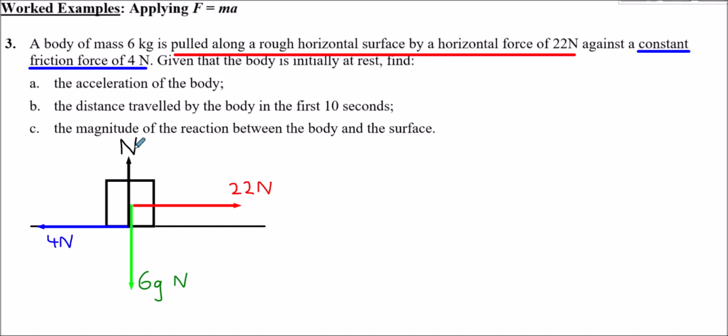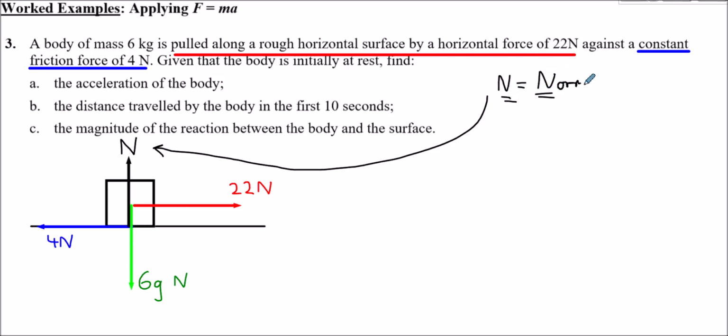N stands for normal reaction force. I'll just mention that here, should you forget. N means normal reaction force. Now you might be thinking, what's normal about it? Is it not abnormal? Well, normal just means perpendicular.